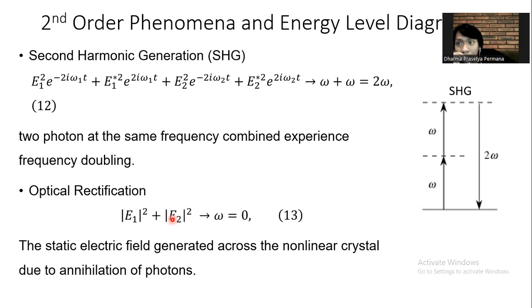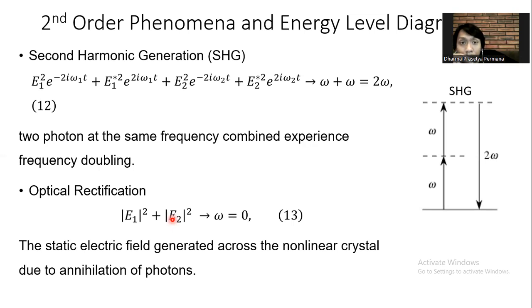But if the second harmonic generation happens, the generated photon, although it has a lower intensity, will also have a higher frequency. So let's say that we input infrared and then the generated light will be in the visible light spectrum, but it has slightly lower intensity.